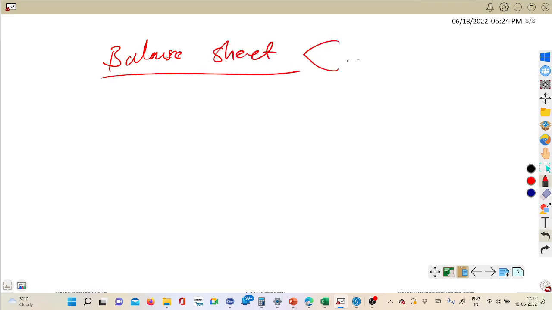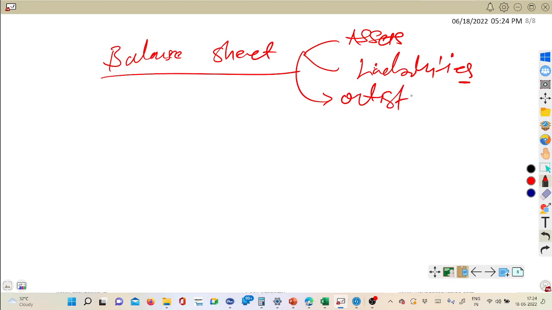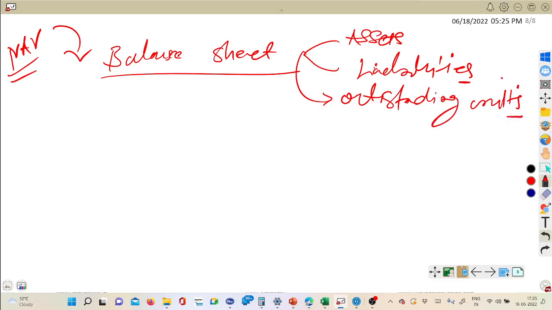Right, so here you can record assets and liabilities, and outstanding units, and the formula which is NAV. Most people interpret it as total assets minus total liabilities divided by the number of outstanding units.